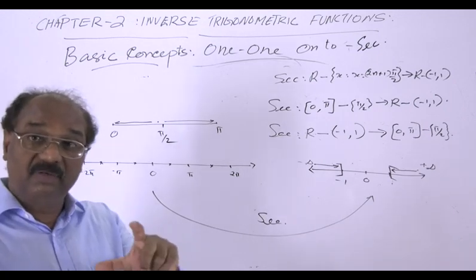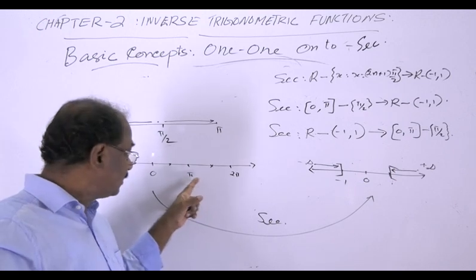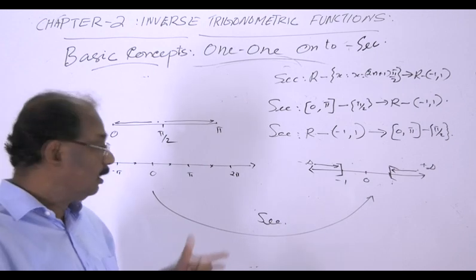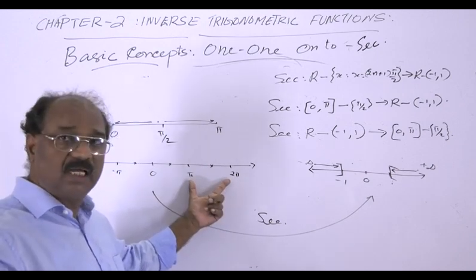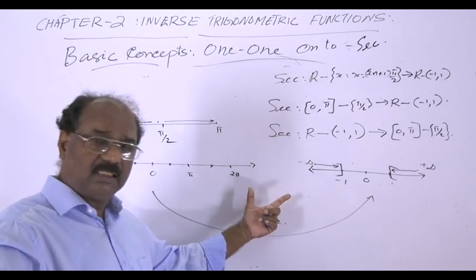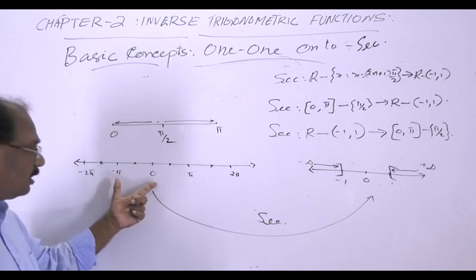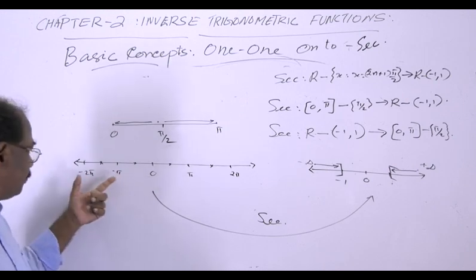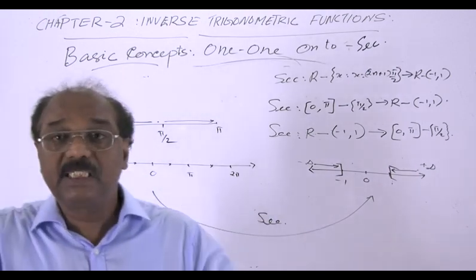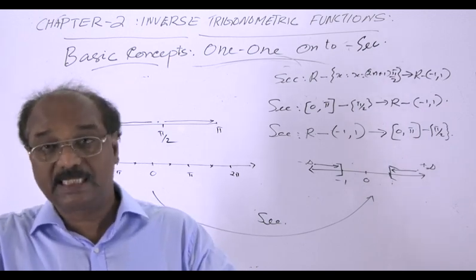Similarly, we can have inverses in the interval pi to 2 pi, where we can define secant in this way and obtain one-one onto secant. Then 2 pi to 3 pi similarly, and towards the left, minus pi to 0, and minus 2 pi to minus pi, will have inverses.